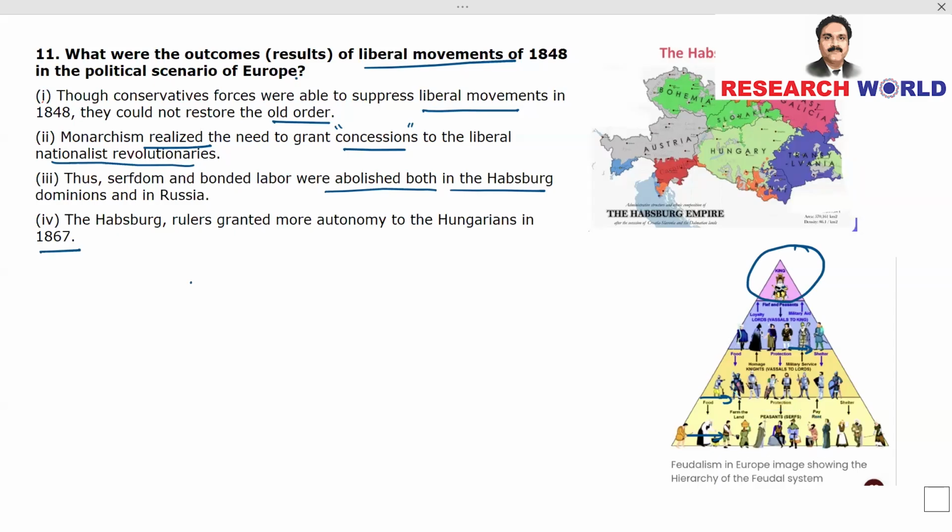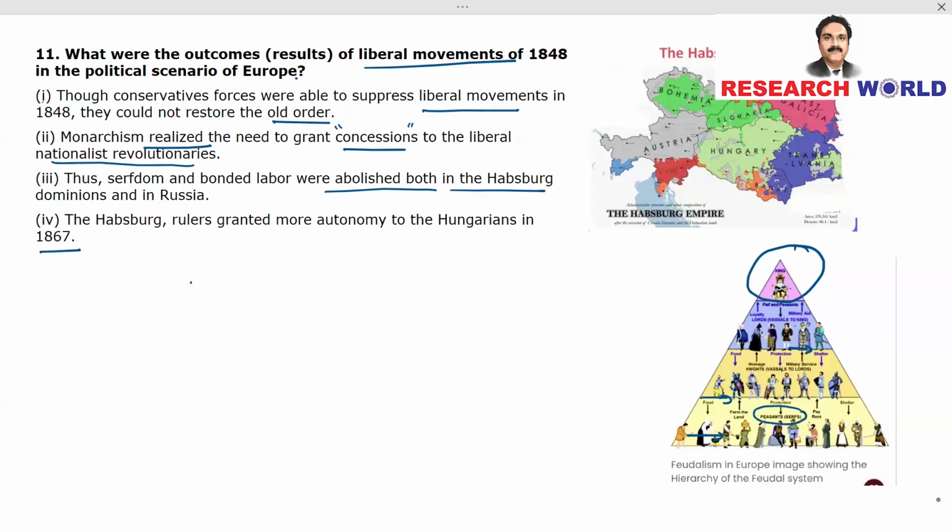They are at the receiving end. They are being mistreated by everyone in the hierarchy, like nobles and knights and clergy.